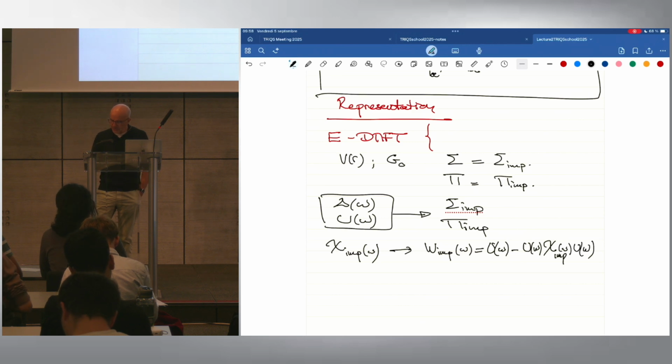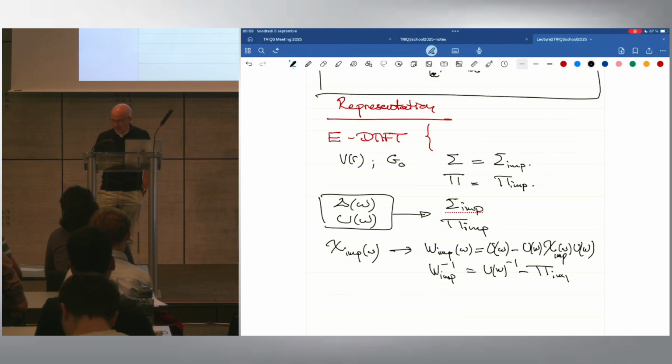U is in the impurity problem, chi impurity I calculate, I get W impurity of omega, and I define the self-energy pi imp as W imp inverse equals U of omega inverse minus pi imp. So by doing all this, I can calculate sigma imp and pi imp.